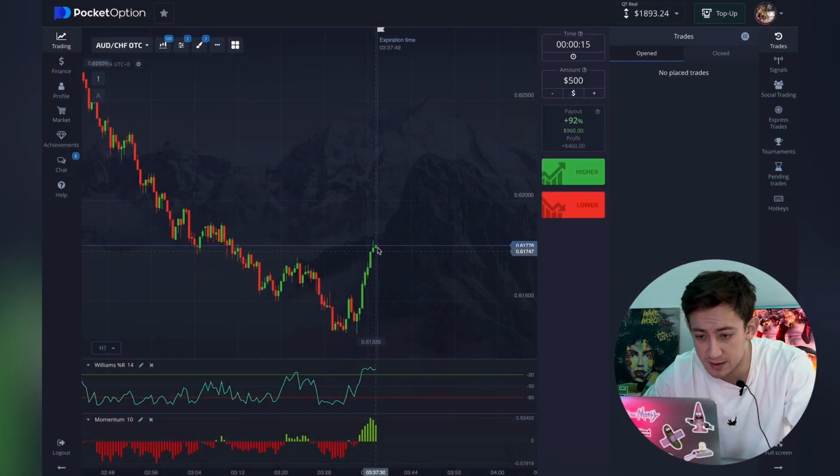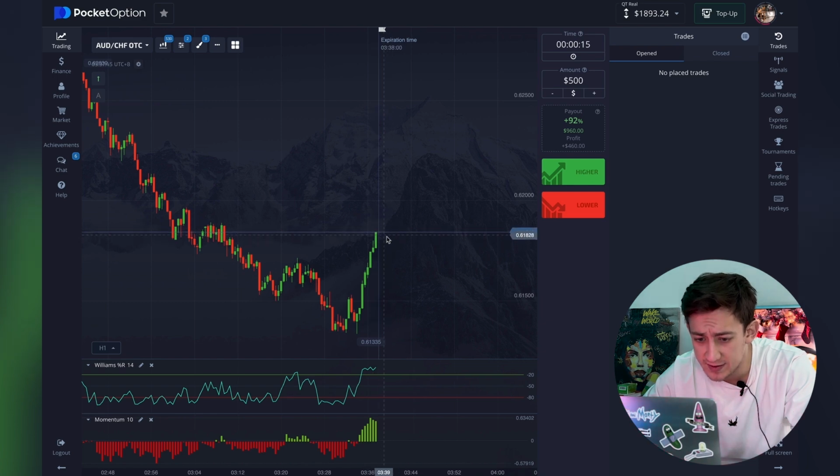I don't want to miss the opportunity again. The movement is very sharp and interesting. Indicators still show a bearish trend. Williams recently indicated a reversal, but I believe the movement will continue to be bearish. Also, the momentum clearly tells us that the trend is upward, and there won't be a trend change for now.